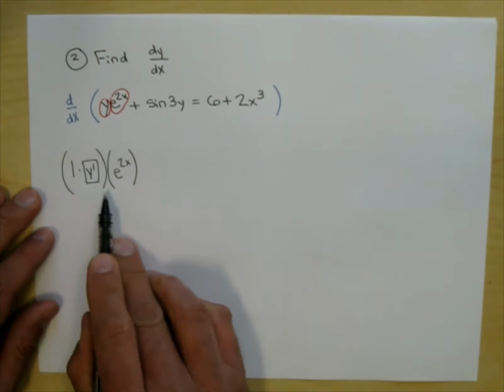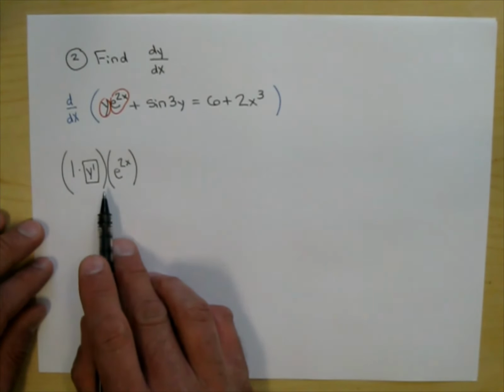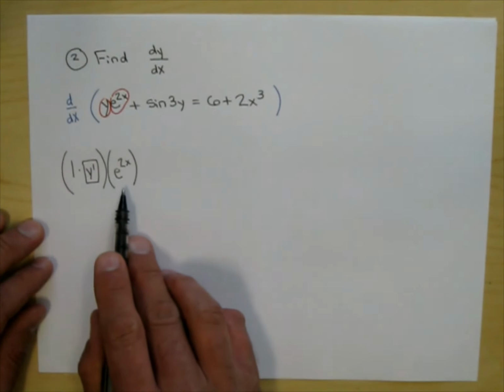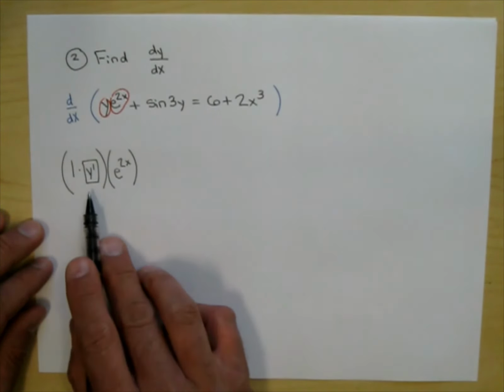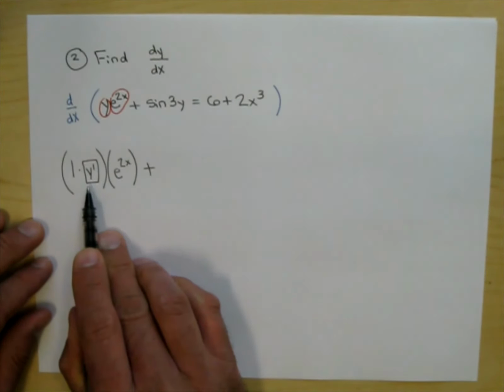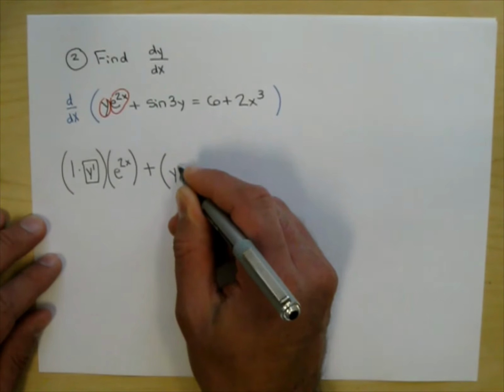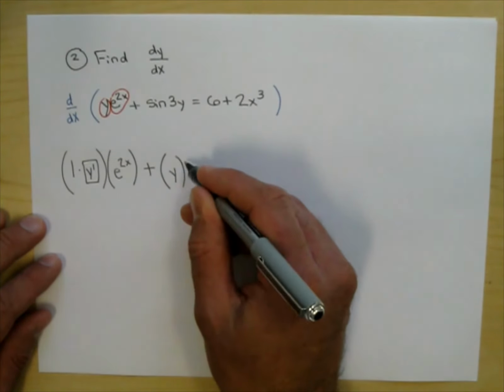You don't need those big parentheses, but I'm doing that because this is an online setting and people can't ask questions, so I figure when I do this, some of you are like, oh yeah, he's doing the product rule. Derivative of the first times the second plus the first times the derivative of the second.